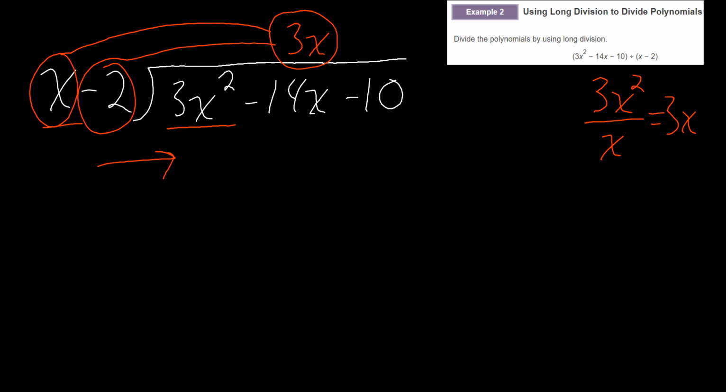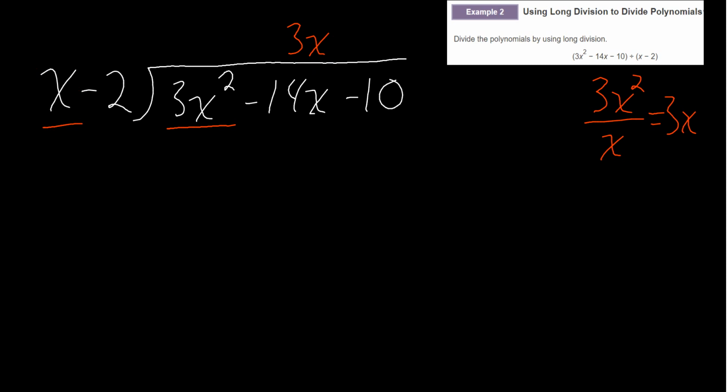Okay, so let's begin that process. Well, what is 3x times x? Well, 3x times x is 3x squared. What is 3x times negative 2? That's going to be negative 6x. All right. Once you're done with that, it's very important you do this every single time.